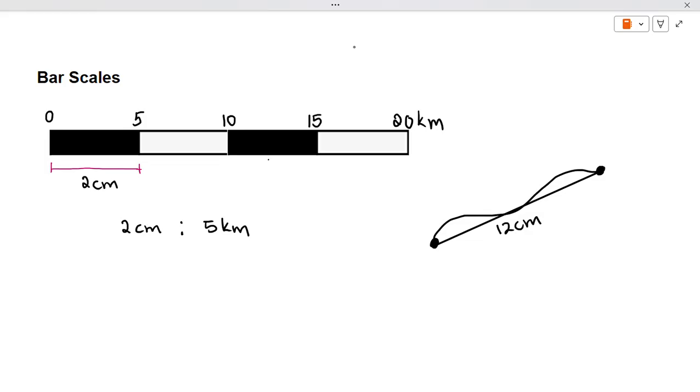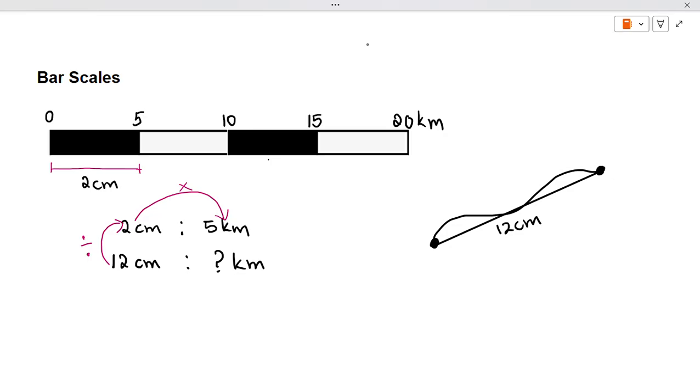So you'd put your centimeters under your centimeters, and you're going to work out how many kilometers this would be. The standard rule you would always apply is 12 centimeters divided by 2 centimeters, and then you multiply going across.